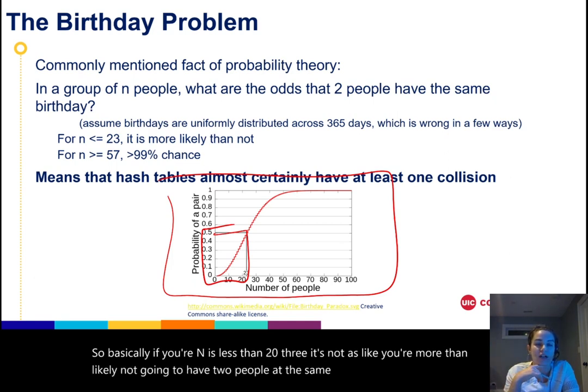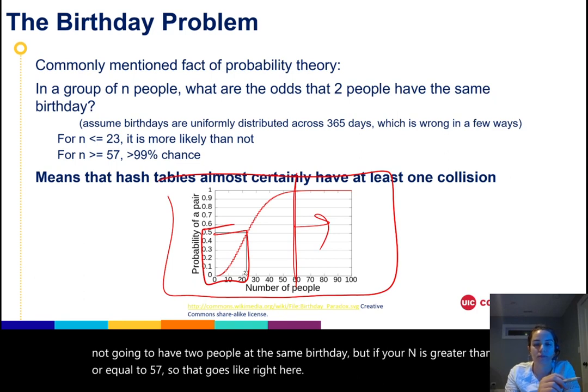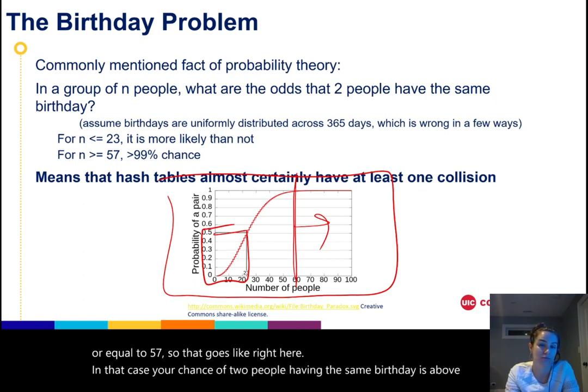But if your n is greater than or equal to 57, your chance of 2 people having the same birthday is above 99%.